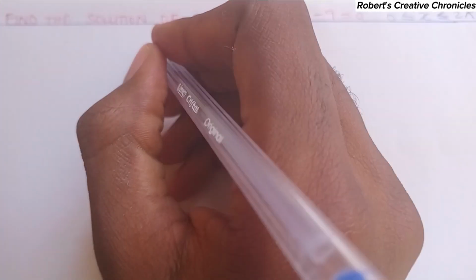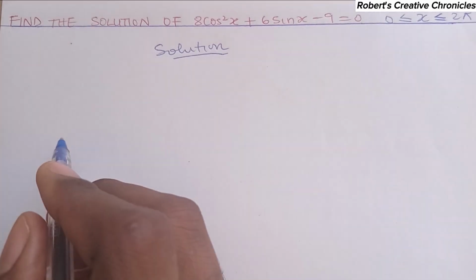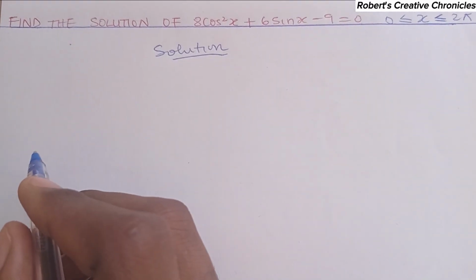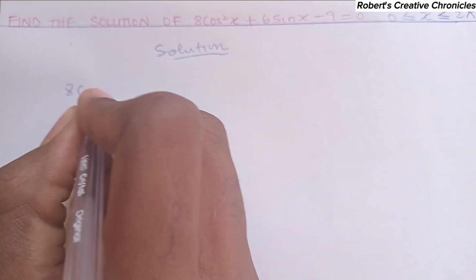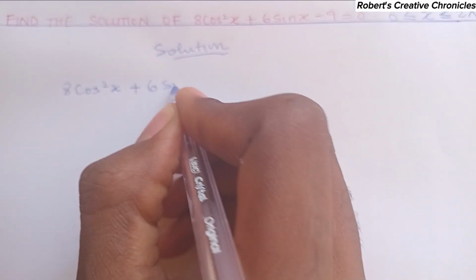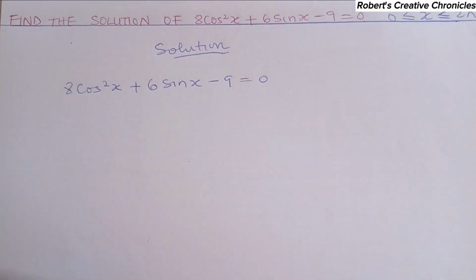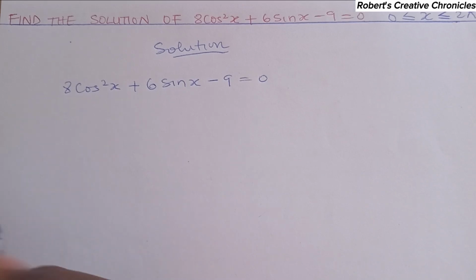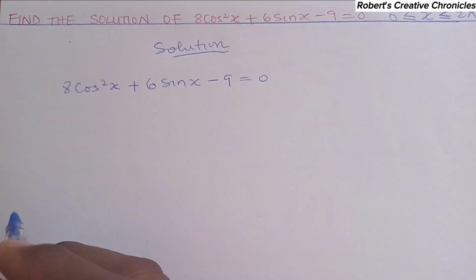So now, solution. Now let's write the equation. Now we'll express cos square x in terms of sine.